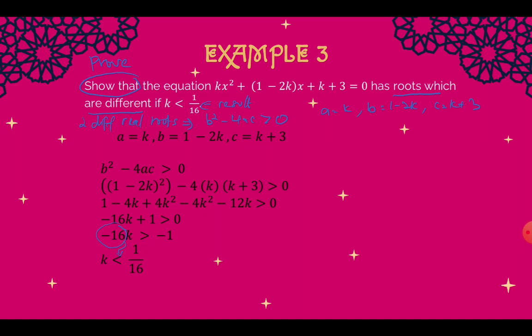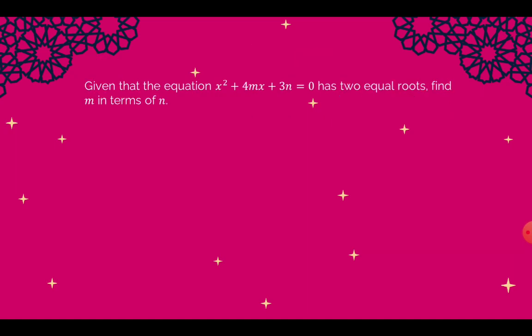Okay. Let's move to example 4. Given that the equation x squared plus 4mx plus 3n equals 0 has two equal roots. Two equal roots means the discriminant is equal to 0. So, what is the value of A?